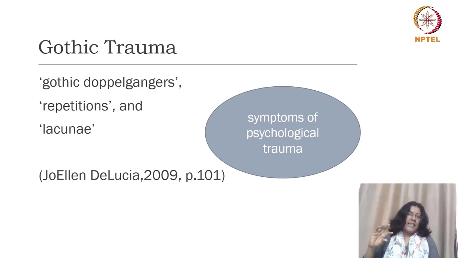It might appear mysterious, but the explanations which come at the end of the tale are not perfect. So we do have pockets where it doesn't make sense in terms of our understanding of the plot. So Gothic trauma is a symptom of psychological trauma suffered by the victim.